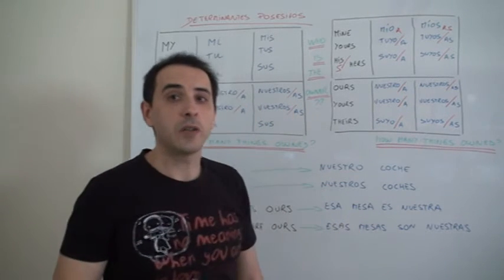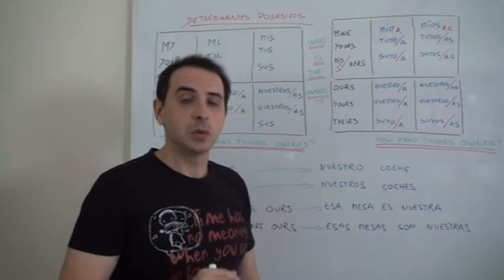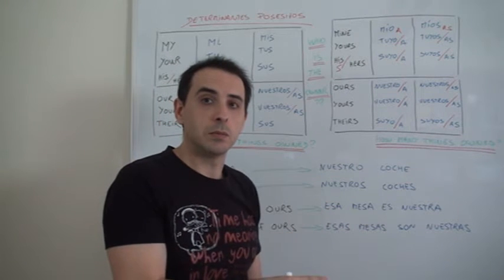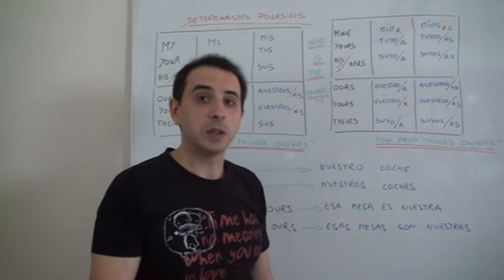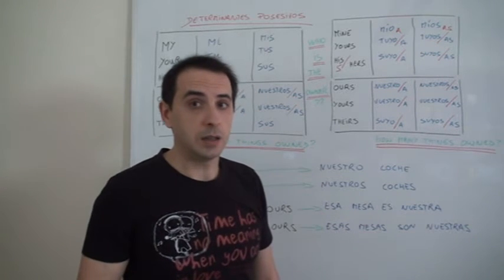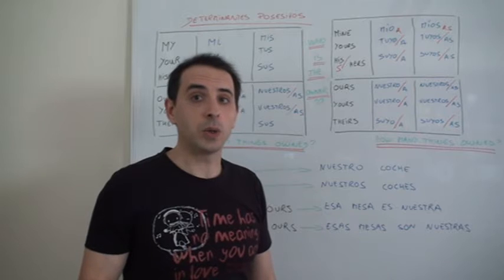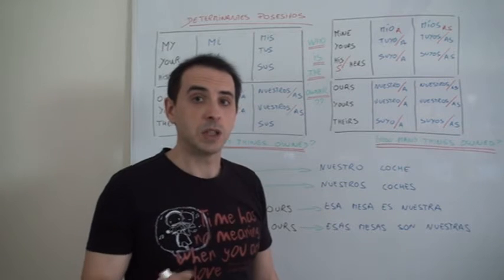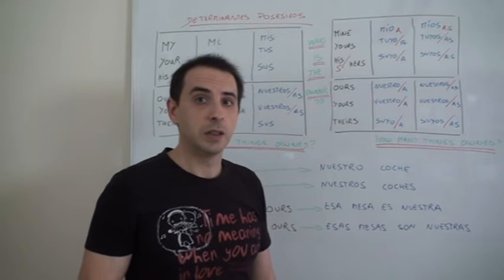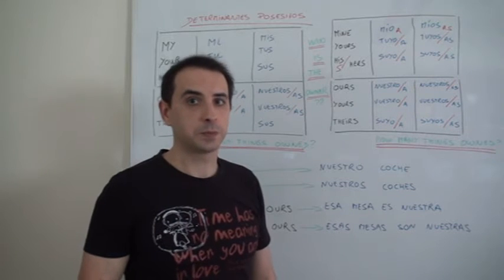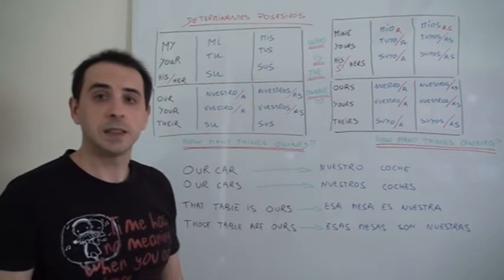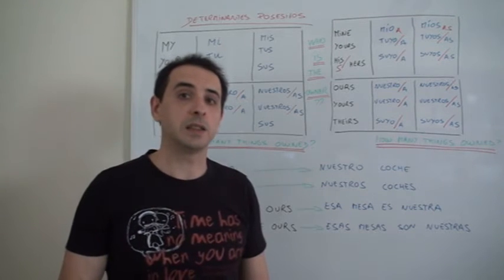Okay, if you have one or two, or a masculine or feminine thing, it's going to be different. In Spanish it is always about that, the gender of things and singular, plural. Okay, let's see some examples to make this clear.